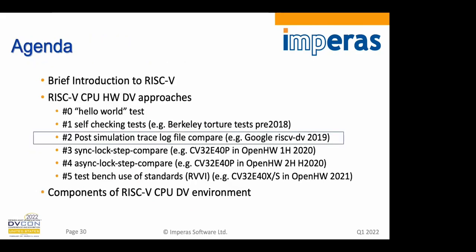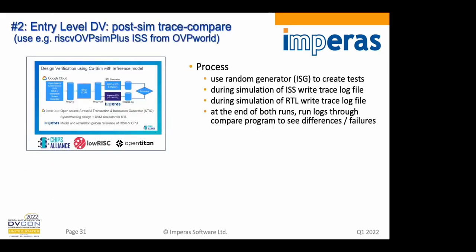Let's look at the next one, post-simulation trace log file compare. This is really entry-level DV. In this example, which was used in the lowRISC Ibex initially with the CHIPS Alliance organization for the open source core, working with Google Cloud, they built this generator.